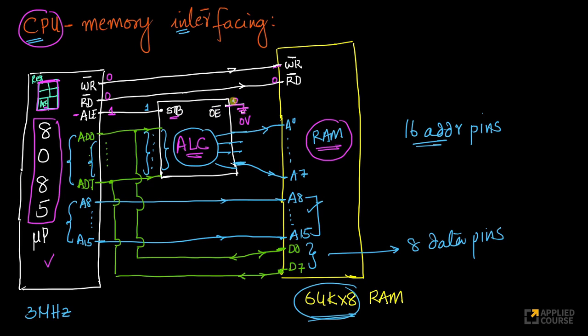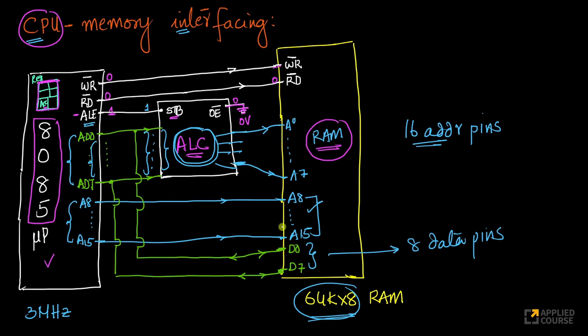In binary, it means 0. Because this is always set to 0, the output is always enabled. So we are copying these 8 bits of address into the ALC and passing it on to the address pins. These pins did not behave like data pins. They behaved like address pins because ALE is 1. So the address is now given to the RAM.